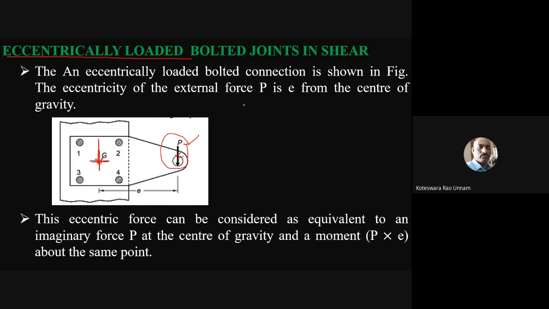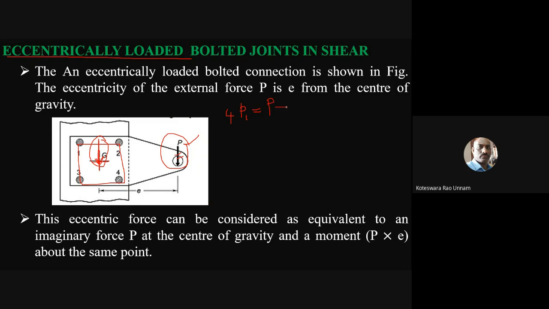Since I have 4 bolts, each bolt will share this load equally, so the load on each bolt is the same. If P is the total applied load and P1 is the load on a single bolt, then 4 into P1, the load on the 4 bolts, should equal your applied load, that is P.